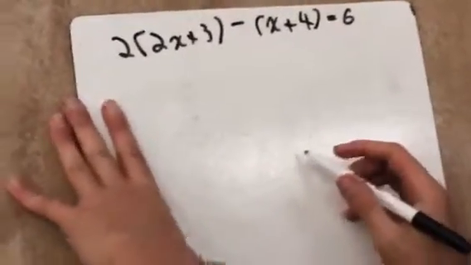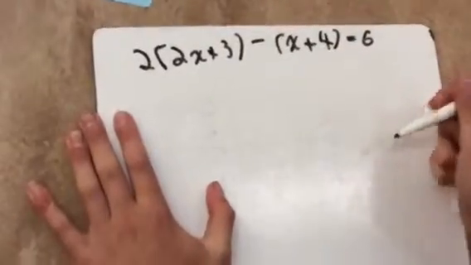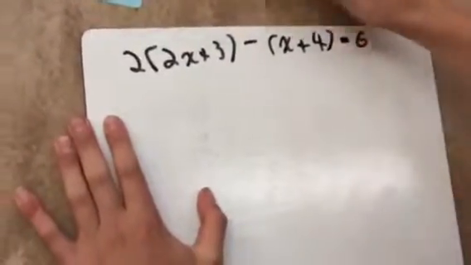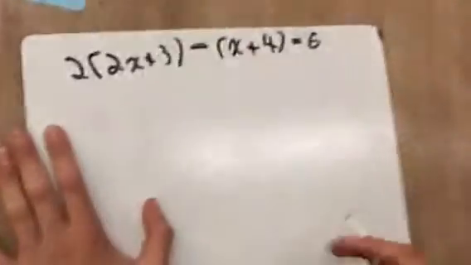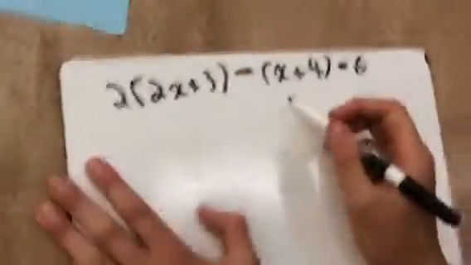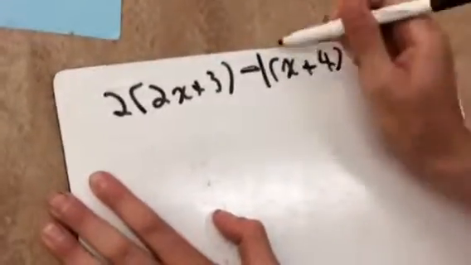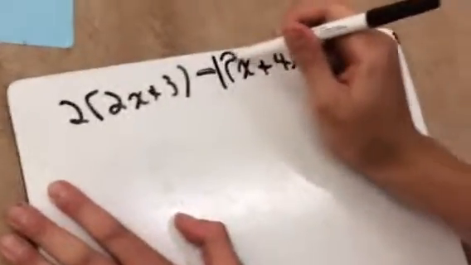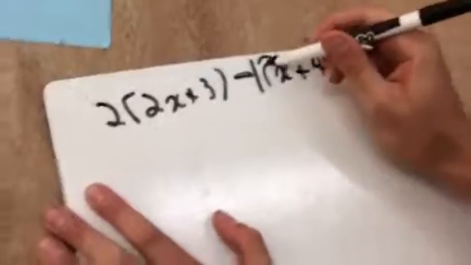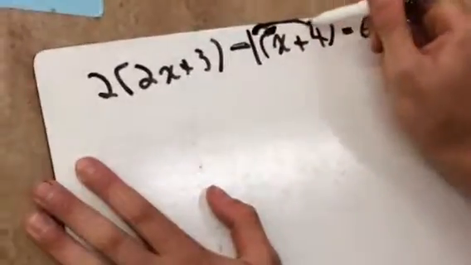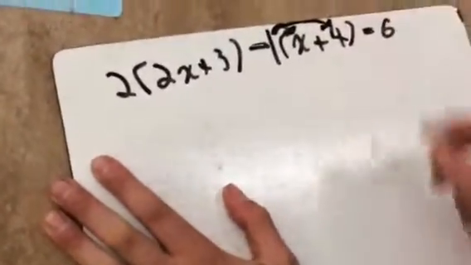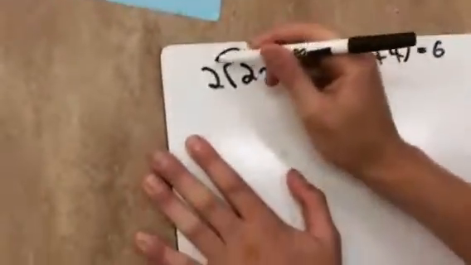And before you distribute, you can treat the negative or the subtraction sign in front of the group of x plus 4 as a -1, because really you'll be just multiplying or distributing the negative to both of the numbers inside the parentheses, and you'll do the same with the first group.